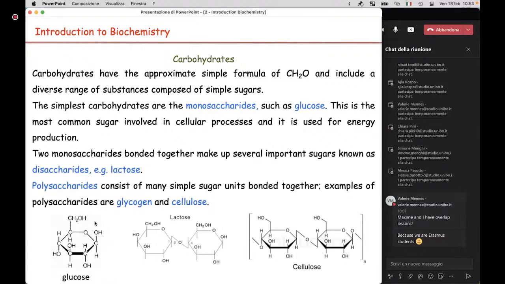These are called carbohydrates, meaning carbon and water, because the OH group comes from water. And this is a monosaccharide, just one unit of sugar.